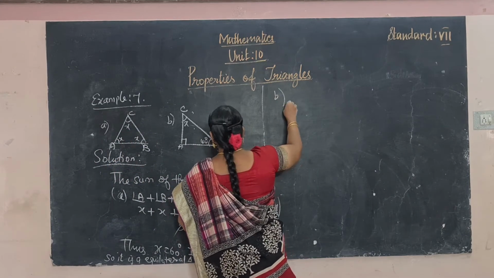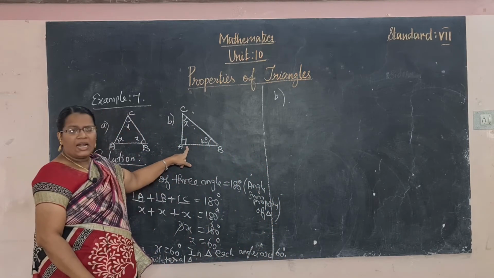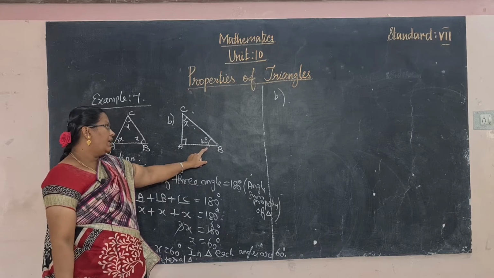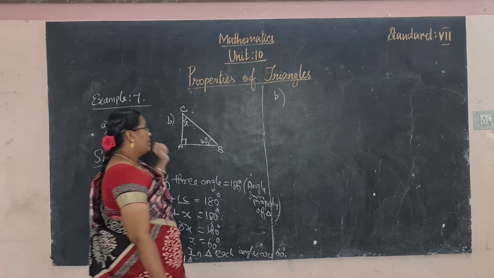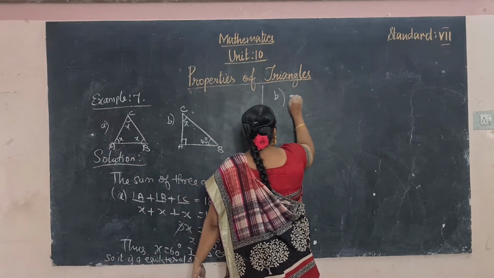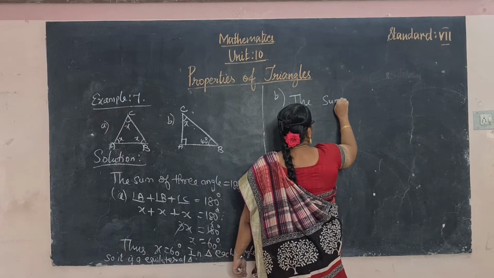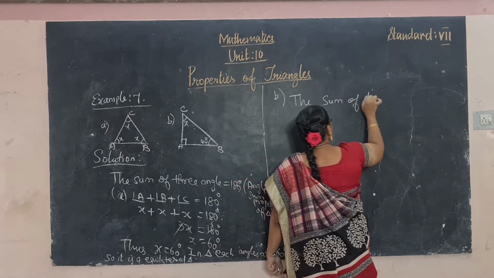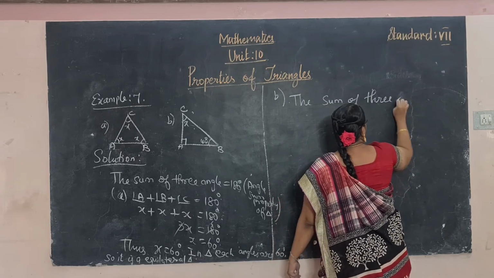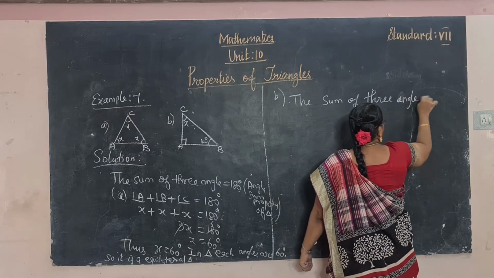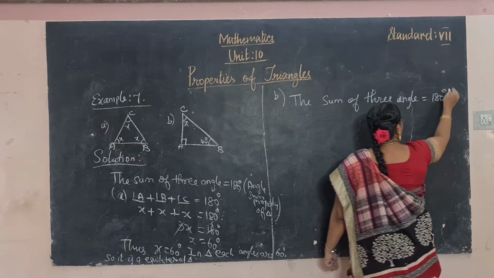From the diagram B, one of the angles, angle A, is equal to 90 degrees and another angle has 40 degrees. We have to find the value of x. Here also we use the angle sum property. The sum of the three angles is 180 degrees.